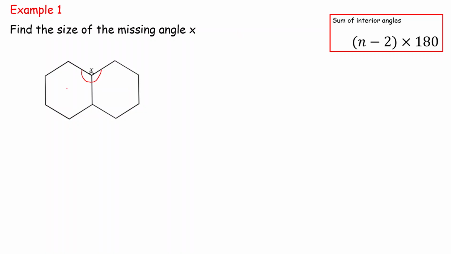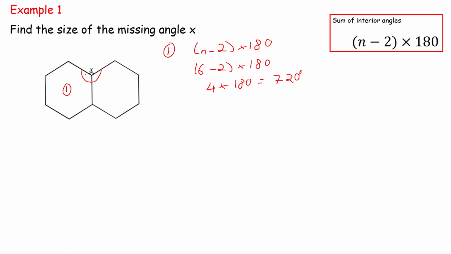Now, let's just call this here shape 1. So for shape 1, to get this missing angle here, I can use this formula, which is n take away 2 times 180, where n, you've got 1, 2, 3, 4, 5, 6 sides, so you've got 6 take away 2 times 180. 6 take away 2 is 4, 4 by 180 is equal to 720 degrees.